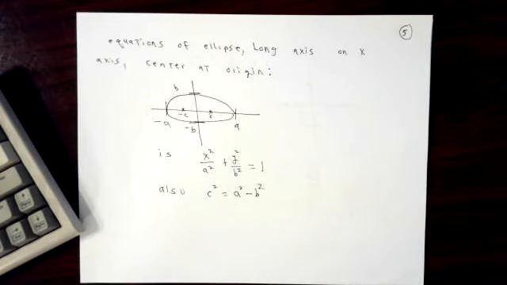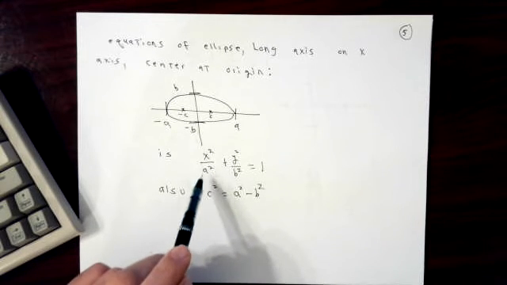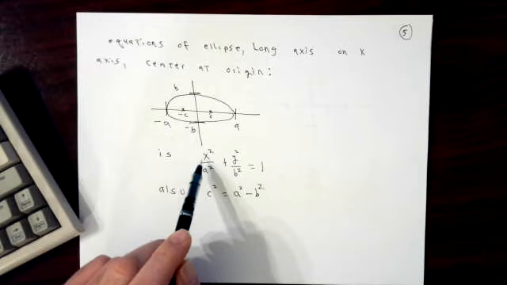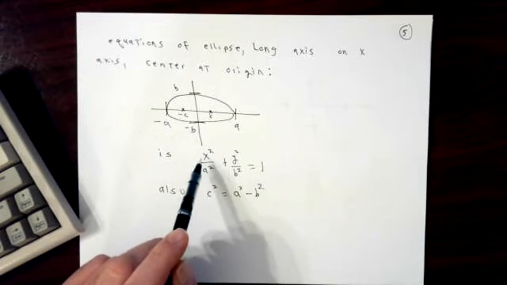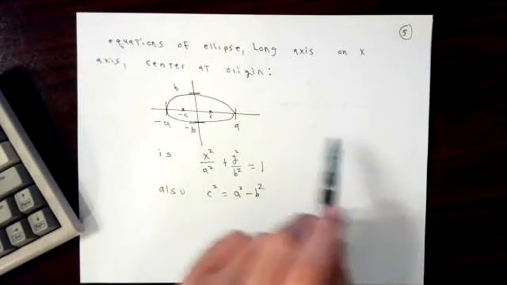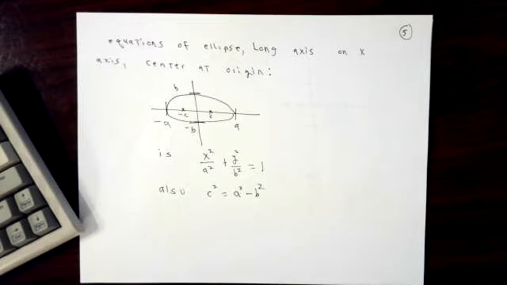I said that the a number was going to be related to the long length of the ellipse. We'll use the a underneath the x squared here, because x is the axis along which the long axis of the ellipse lies.